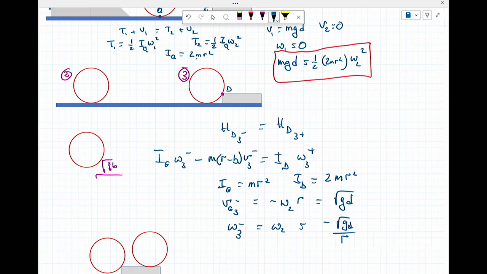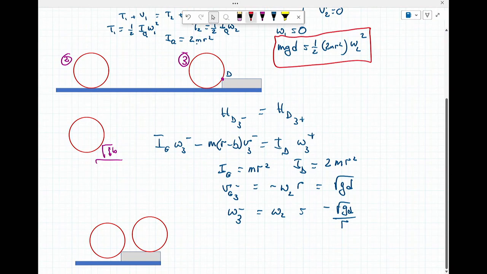So I have all of the answers that I got before because it just rolled across. Nothing exciting happened. It just kept rolling along. So V3 is omega 2r, and I have to keep my sign. Omega 3 minus, before impact, omega 2, is negative square root of GD over r.